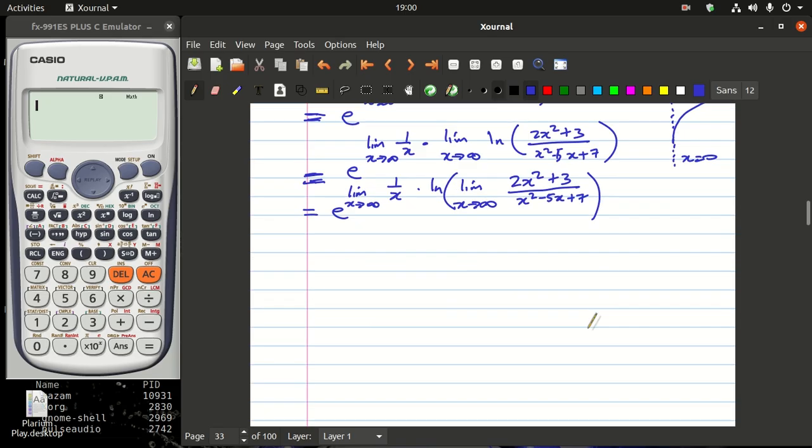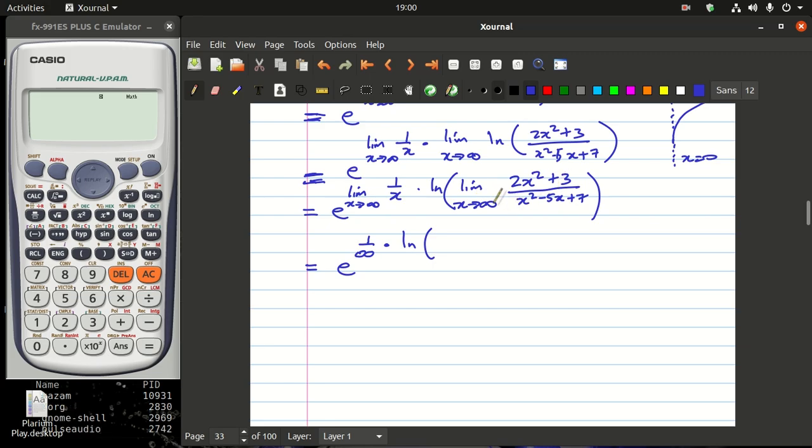So if you look at this particular equation here, you will find out that I know the limit of this because I can just have my e there, and then I plug in here to get 1 over infinity, and then times ln of whatever is inside there.